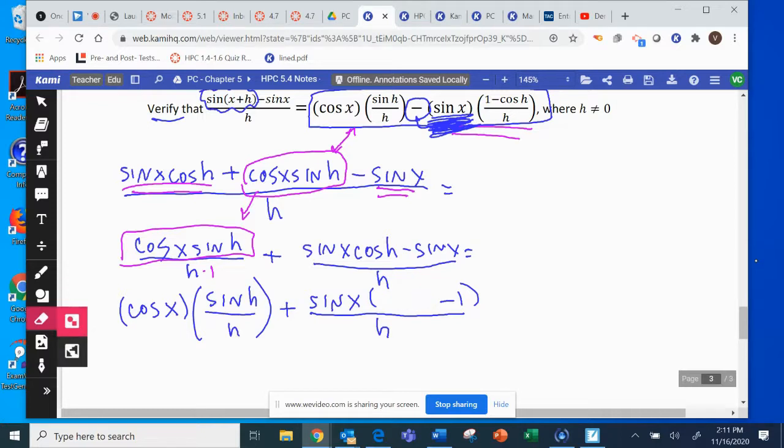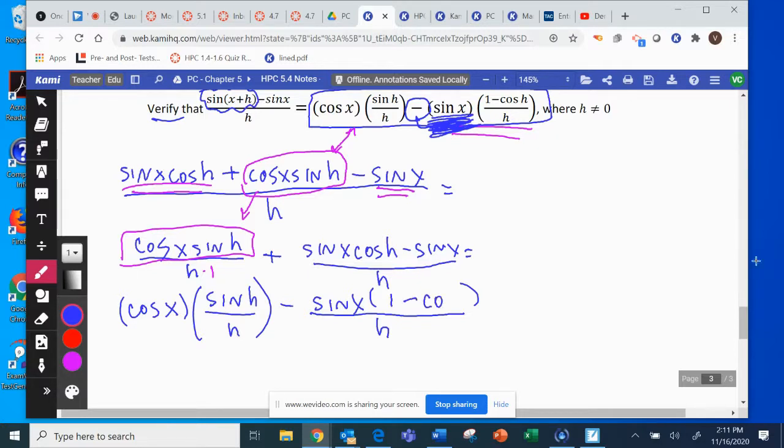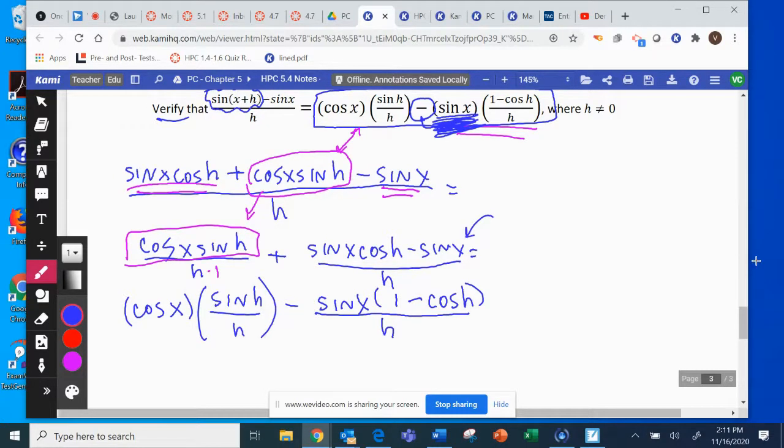So I'm going to erase and just rearrange this a little bit. They factored out a negative sign, which will leave us with a 1, a positive 1, and a minus cosine h. I just reordered it as I was pulling it out. We could have reordered it here too. I could have written negative sine x plus sine x cosine h.